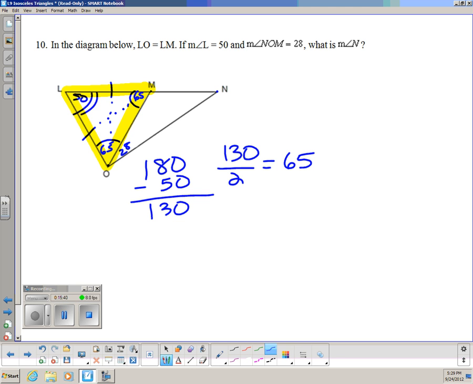Now, in order to find angle N, we really need to get into the rightmost triangle, which we can get into right here. We see this point, and we look at this angle and its adjacent angle forming a line together. Those are called a linear pair. So to get this angle right here, we can do 180 minus 65, which is 115.